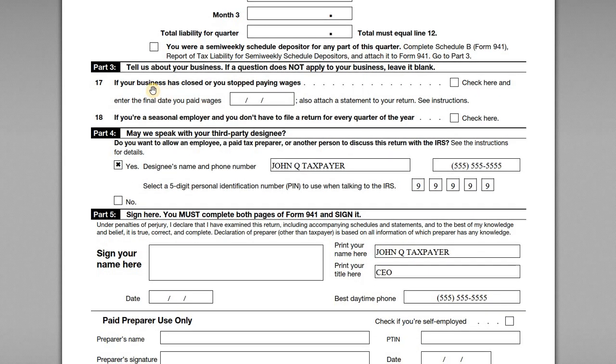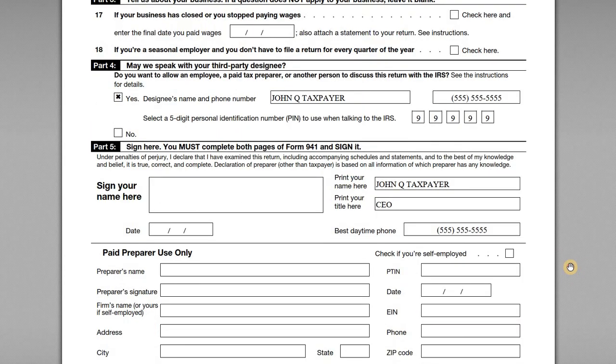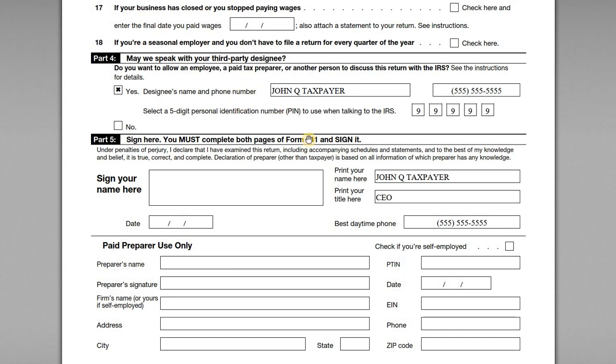Now, Part 3, we're leaving blank because we have not stopped paying wages, right? We're just getting started. And we're not a seasonal employer. Now, in Part 4, you can enter a third-party designee. So John's just entered his information again, even though he is the CEO and signer, just to make it clear that he is an authorized individual to speak with the IRS.